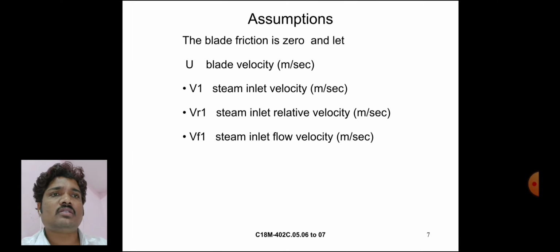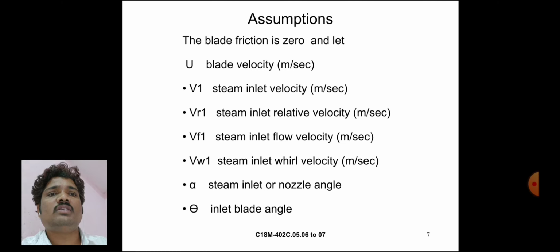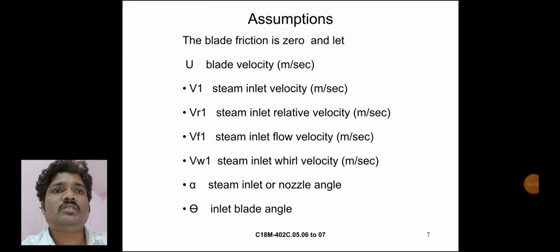VW1 is the steam inlet whirl velocity. Alpha is the steam inlet or nozzle angle. Phi is the inlet blade angle.